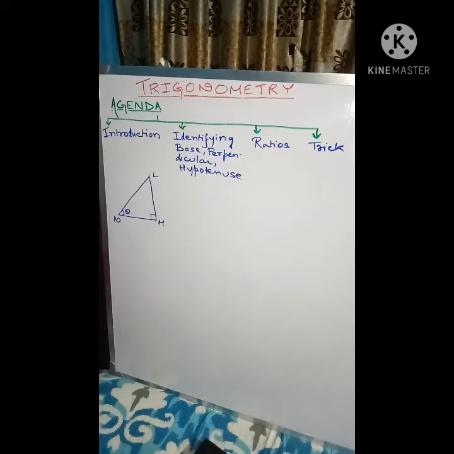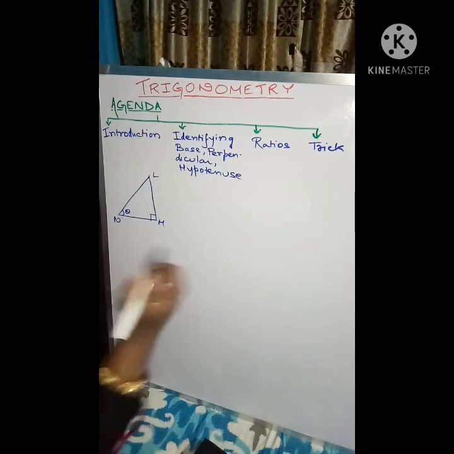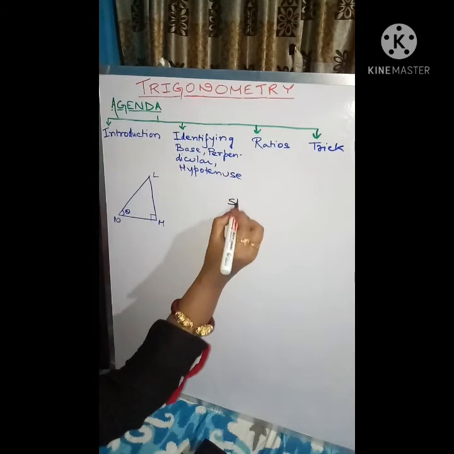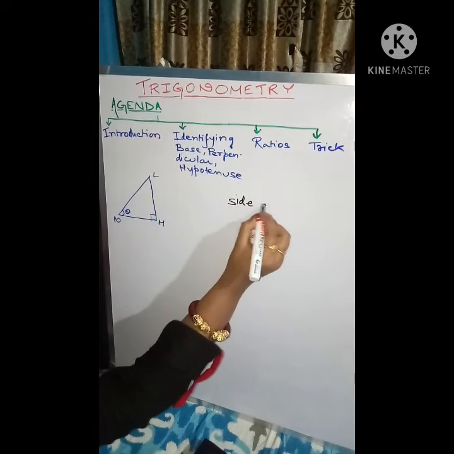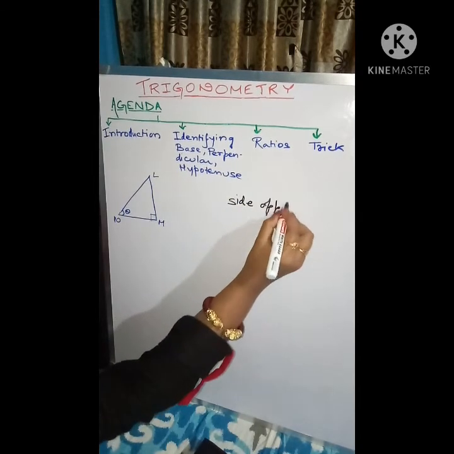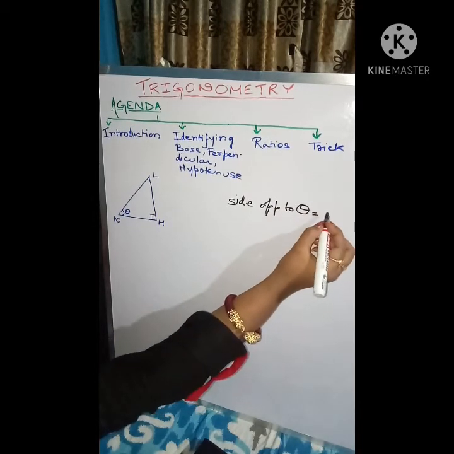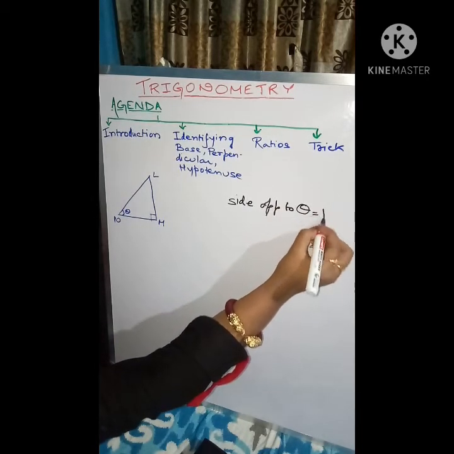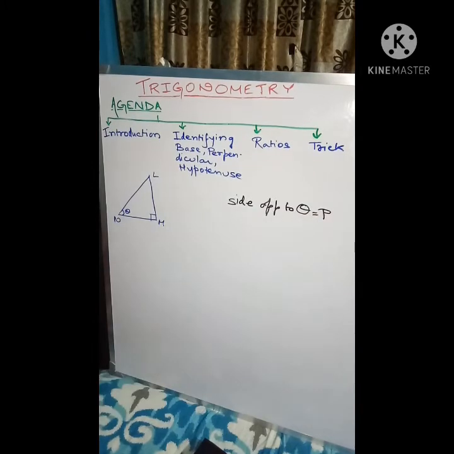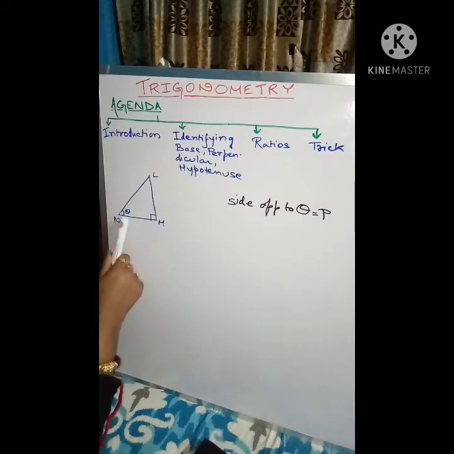Well, for that you need to know that the side opposite to theta will be your perpendicular. Here I am writing P for perpendicular. So, in this figure, the side opposite to theta is your LM, right?